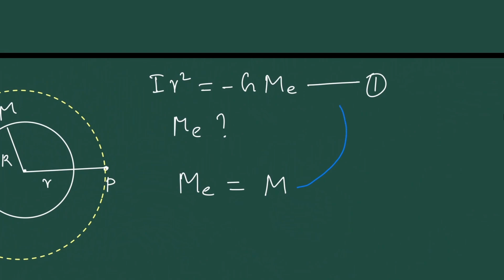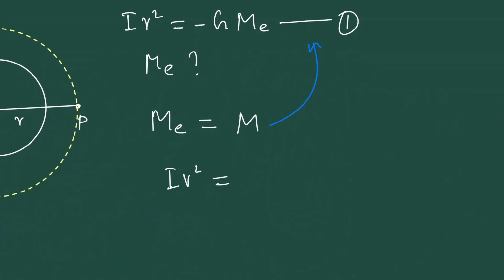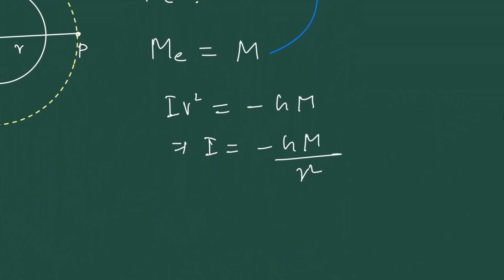Now, if we substitute this in equation 1, we get I r square equals minus gM. This implies I equals minus gM by small r square. If we try to write this in the vector form, it is going to give us I equals minus gM by r square times the direction vector.